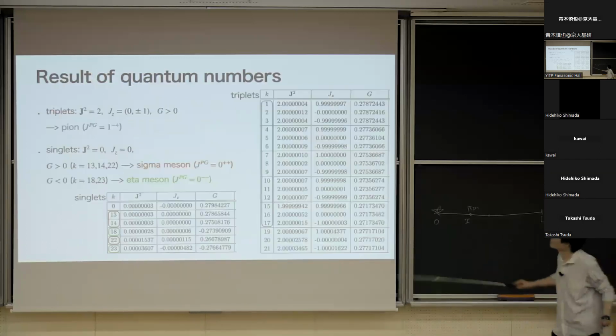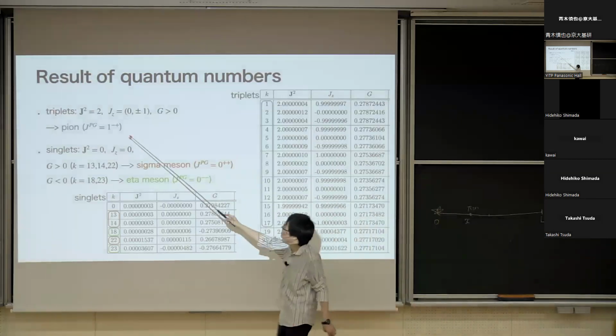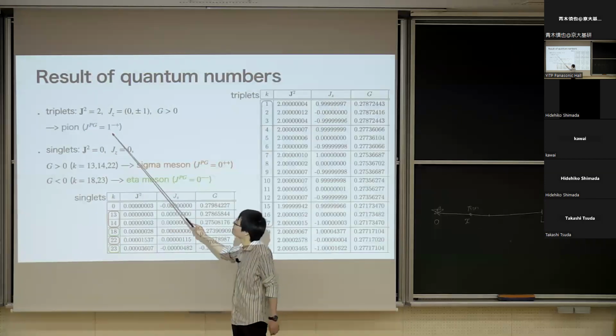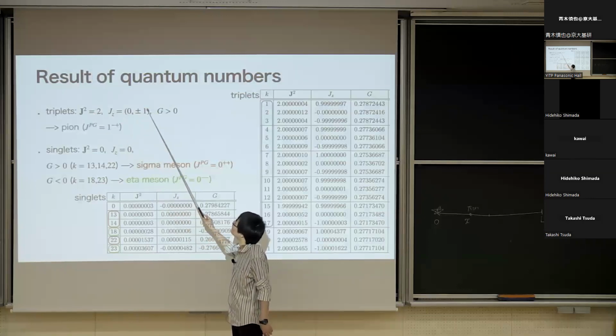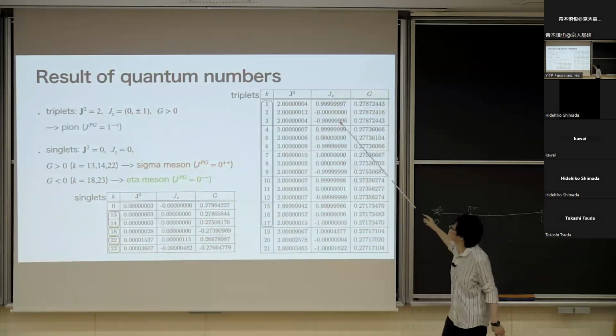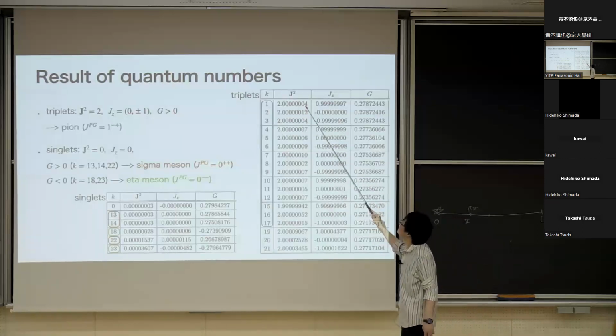So anyway, we can measure such operators, and the pion should have the quantum number J equal 1. J equal 1 means that J square equals 2, and JZ equals 0 or plus minus 1. And also G parity should be positive. So let's see this table. For example, the 1, 2, 3 triplet has J square almost 2.